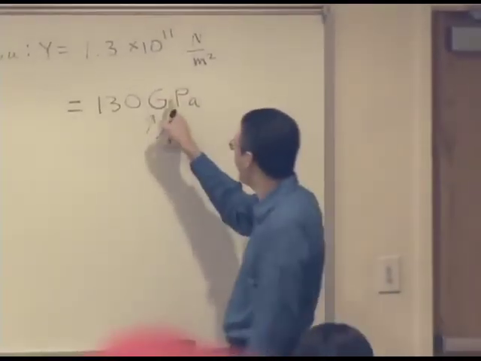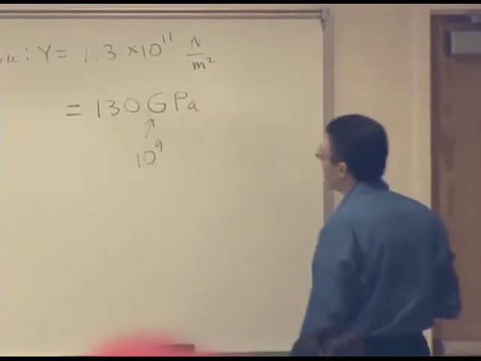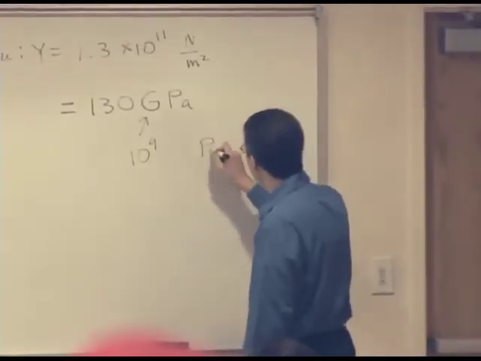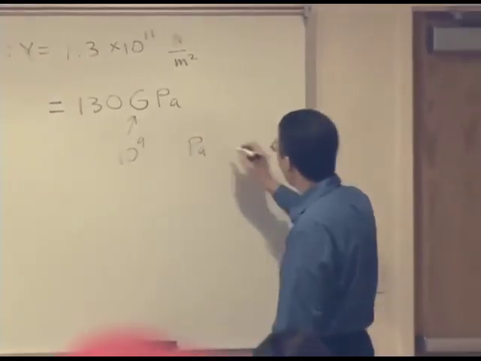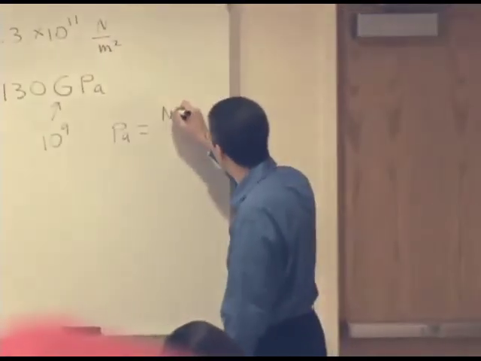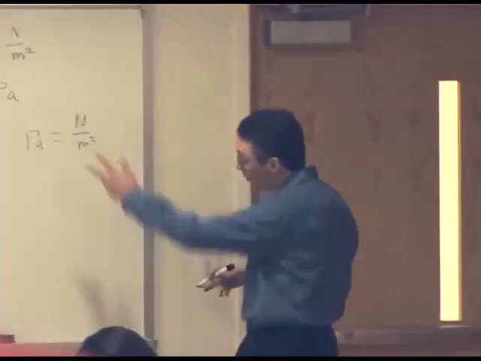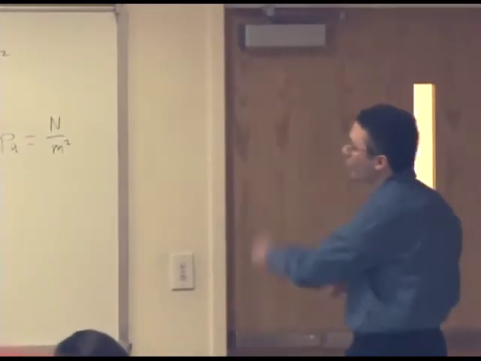So we have 130 times 10 to the 9th, which gives us 1.3 times 10 to the 11th. And a PA, anybody know what that is? Yeah, it's a Pascal. That's a unit of pressure, but it turns out that pressure and stress have the same units, right? It's a force per unit area, so 1 Pascal is 1 newton per meter squared. So if you run into that notation, that's just what it means, okay?